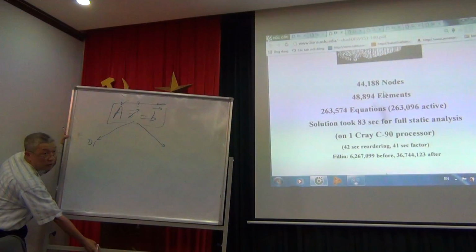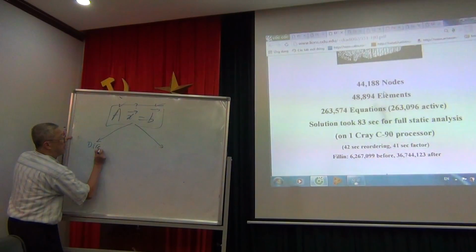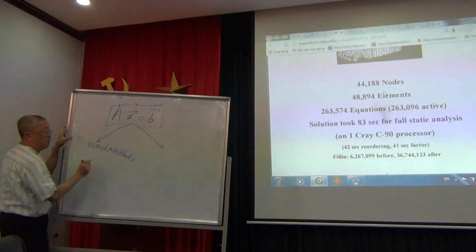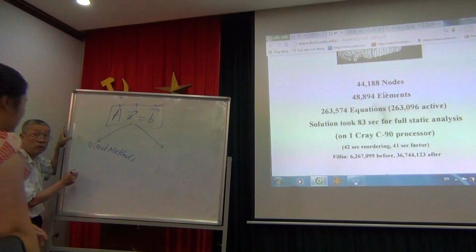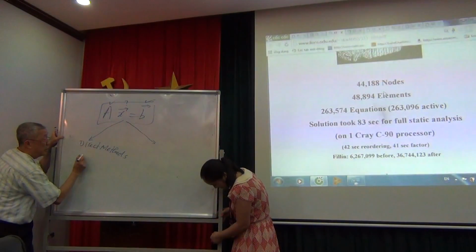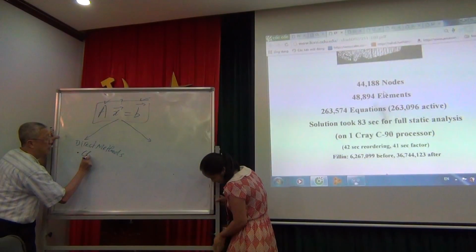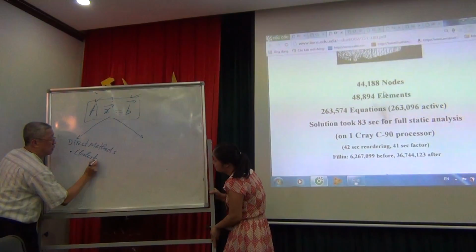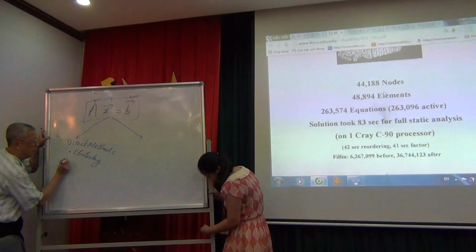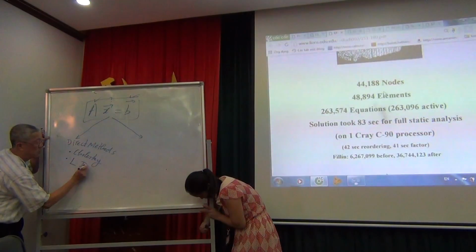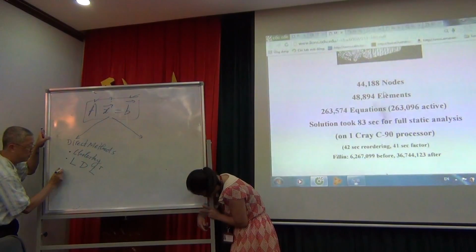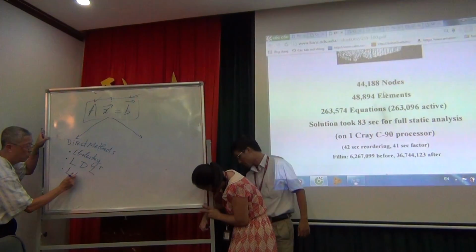Okay. Now, the direct method consists of what? Let's say direct methods like Cholesky, which has L, D, L transpose. They have another method called LU.